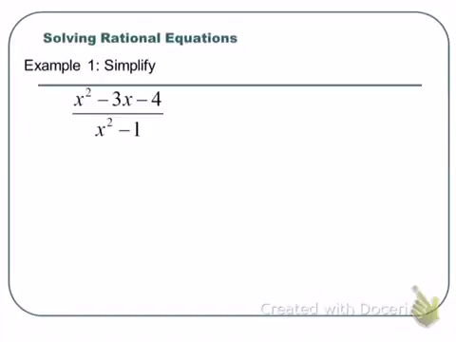Alex, how do you simplify a fraction? Try and get everything to the numerator. We could divide the denominator into the numerator. Is that what you're saying? Let's go back to some of our childhood mathematics.